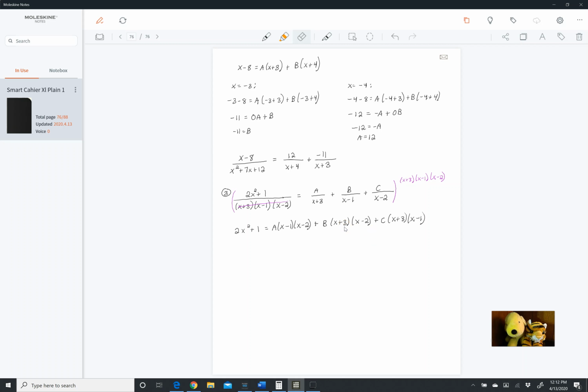So remember, anything that's multiplied by 0 is 0. So if we could make either x plus 3 or x minus 2 equal to 0, then this whole thing is 0. So let's just write that. If x plus 3 equals 0, or x minus 2 equals 0, so or, doesn't have to be both, then this whole thing equals 0.